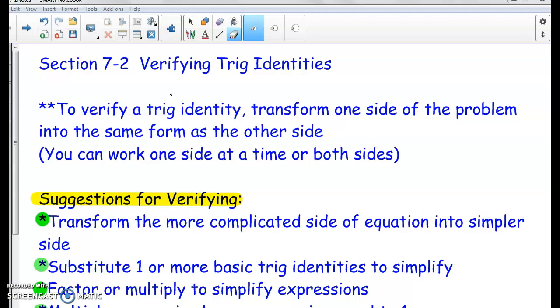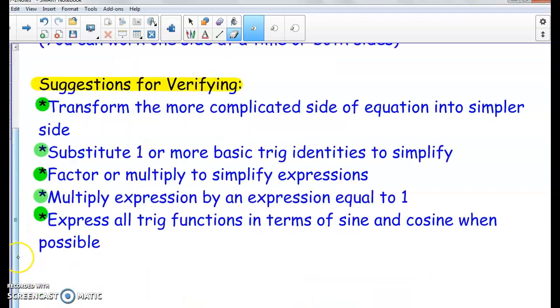So look at the suggestions for verifying. One suggestion is what I said a second ago: you're going to transform the more complicated side of the equation into a simpler side. Second suggestion is to substitute one or more basic trig identities to simplify. You can factor.